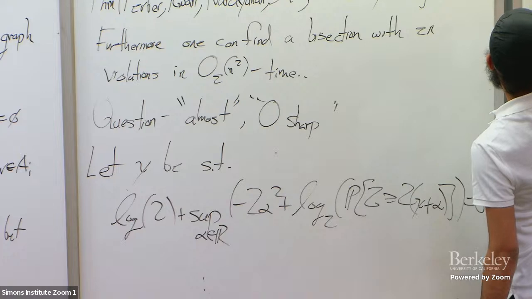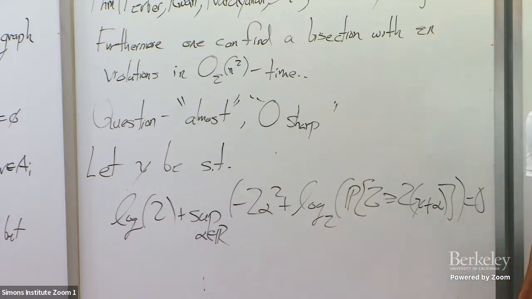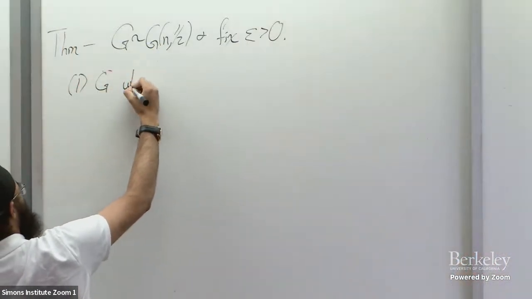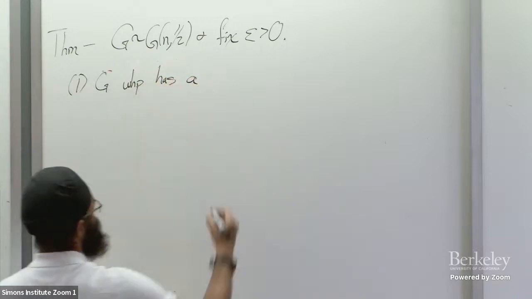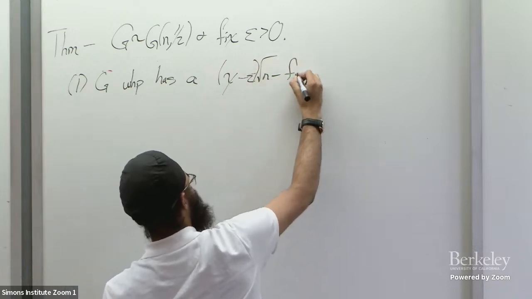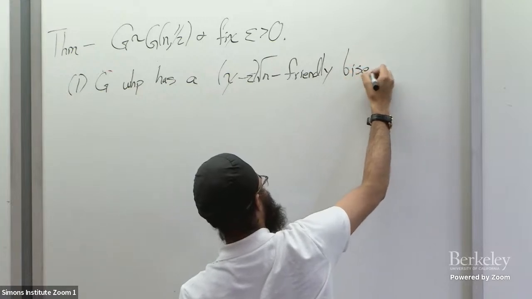Theorem. As before, G is sampled from G(n,1/2) and fix any epsilon bigger than 0. One, G with high probability has a (gamma minus epsilon) times square root n friendly bisection.